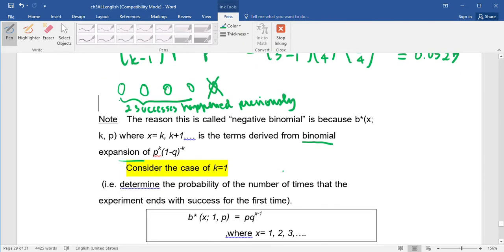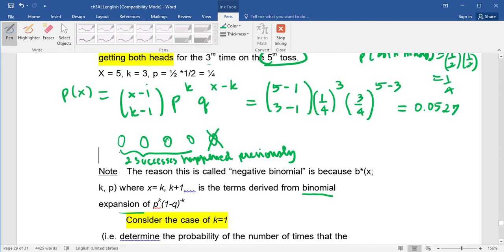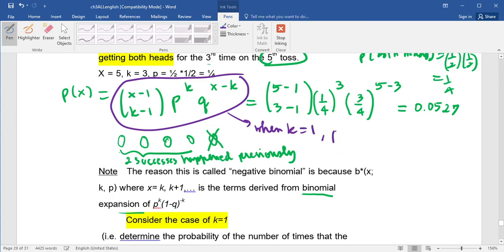Your formula, when k equals 1, what happens? This formula is going to be shortened. When k equals 1, P(x) will be X minus 1 choose 1 minus 1, P to the 1, Q to the X minus 1, right?